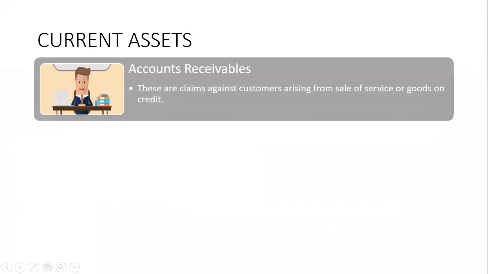And then the next one is accounts receivable. So this is same with notes receivable, pero yung kanina, 'di ba, notes receivable meron siyang evidence by a promissory note. Pero pag accounts receivable, wala siyang evidence na promissory note. So, kumbaga, utang ni customer, or these are claims against the customers arising from sale of services or goods on credit.